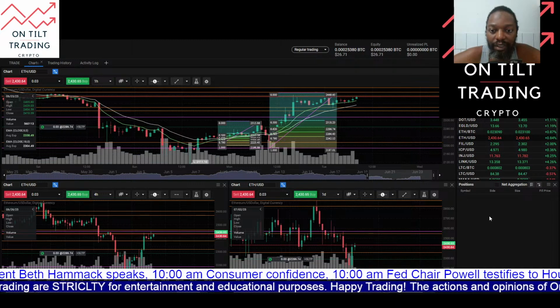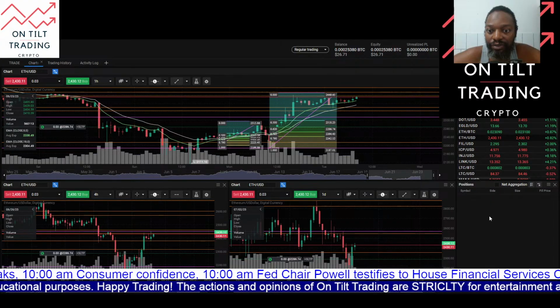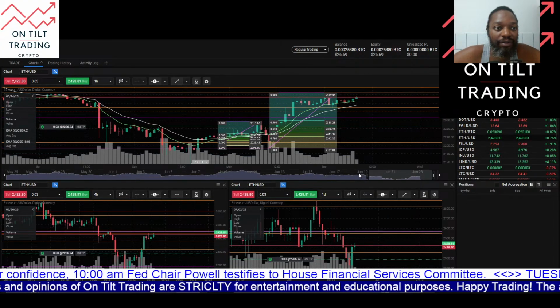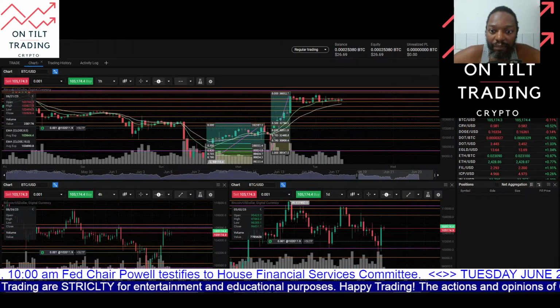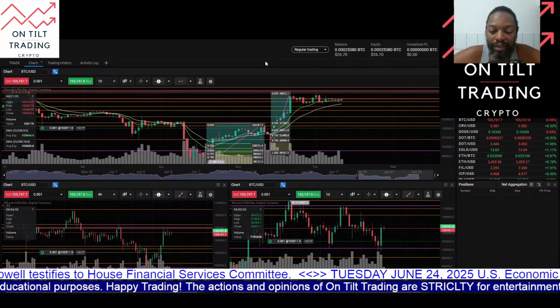So still just consolidating here, and price action trading near the 9 EMA here on Ethereum. Price action also trading here at the 9 EMA on Bitcoin.